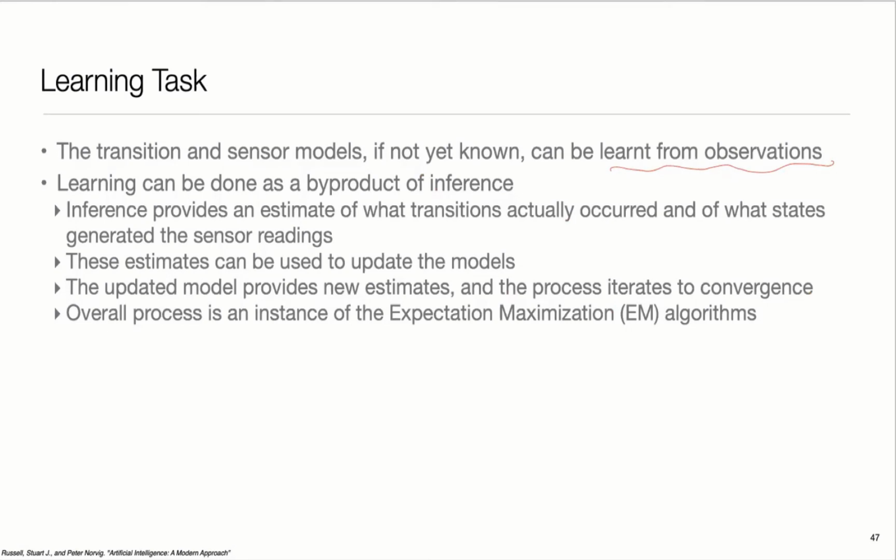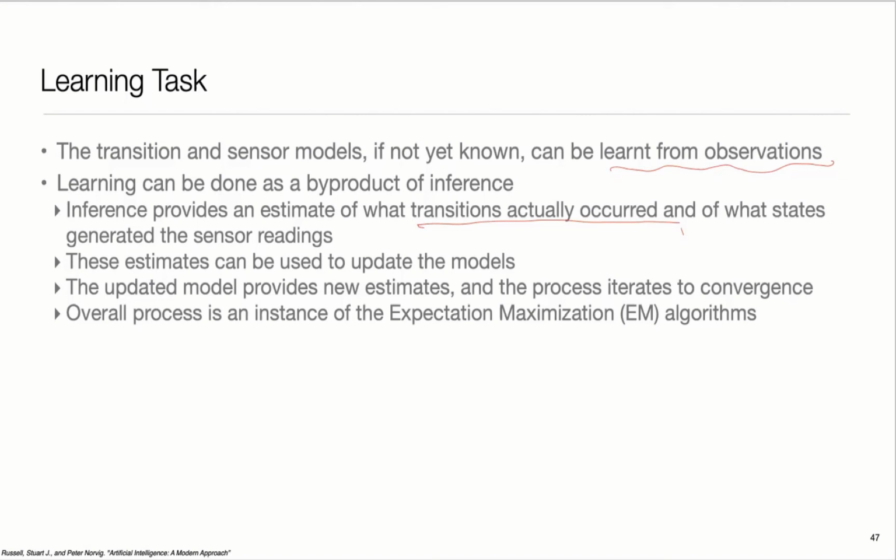Intuitively, the idea is that the inference we are doing when we infer those states provides an estimate of what transition actually occurred and what state generated the readings, and then we can use these estimates to update the model.